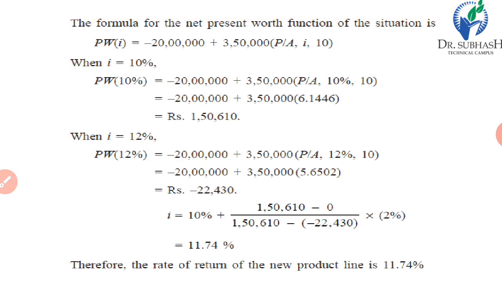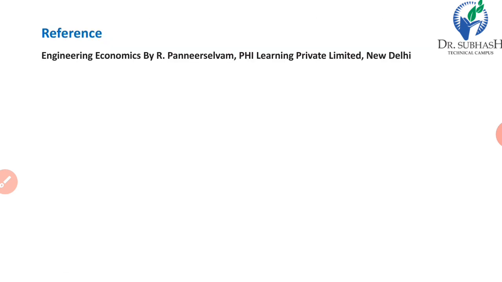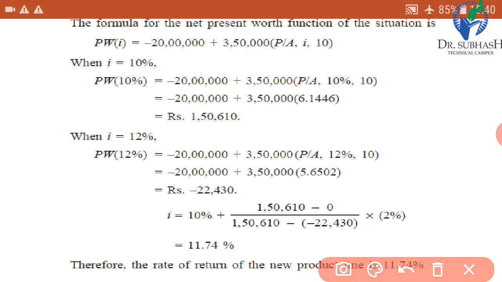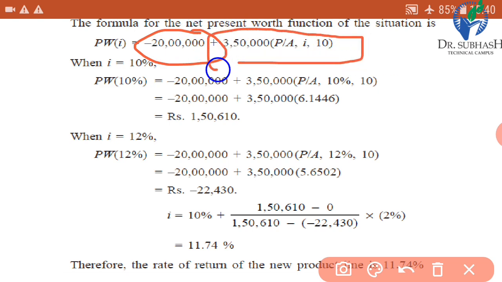Now the formula for the net present worth function of the situation is: minus 20 lakh plus 3,50,000 for 10 years. Okay.